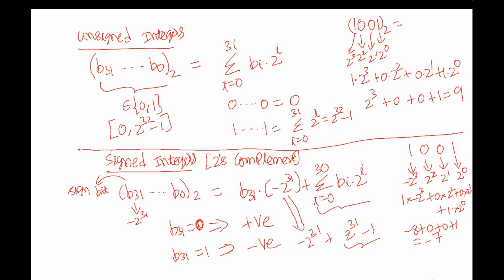So even if you have everything equal to 1, when you add this with this, you still get minus 1. So when B31 is equal to 1, we know for sure it's a negative number. And if the bit B31 is equal to 0, then we know for sure it's a positive number.